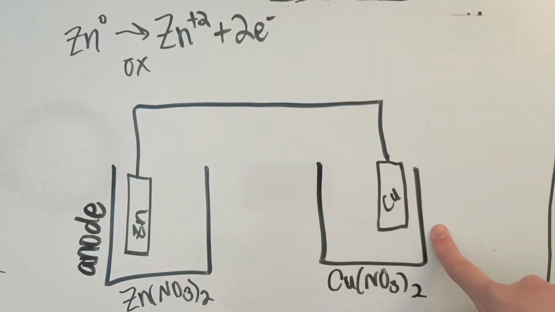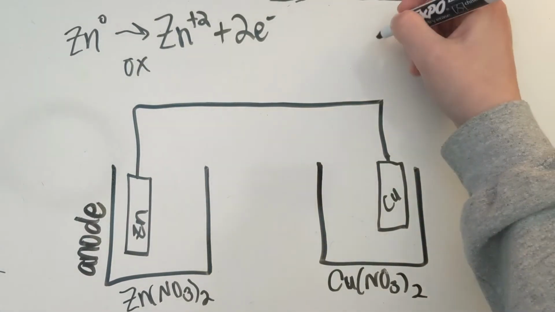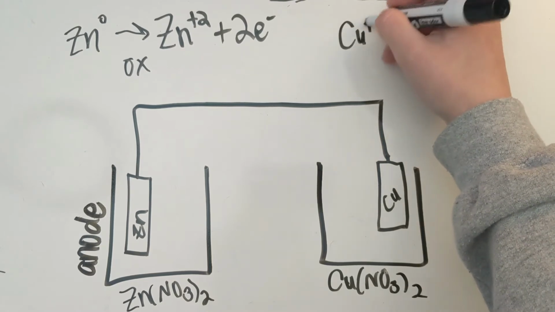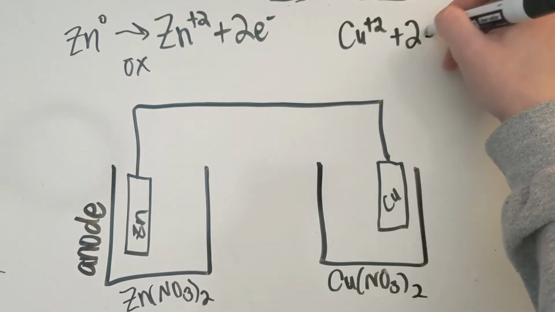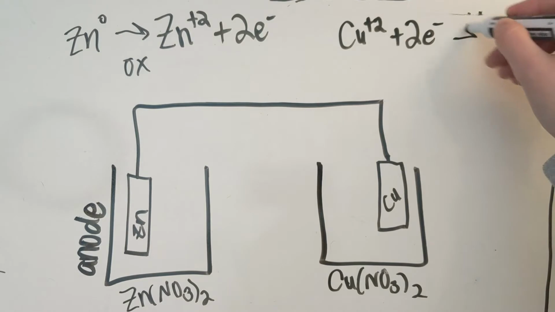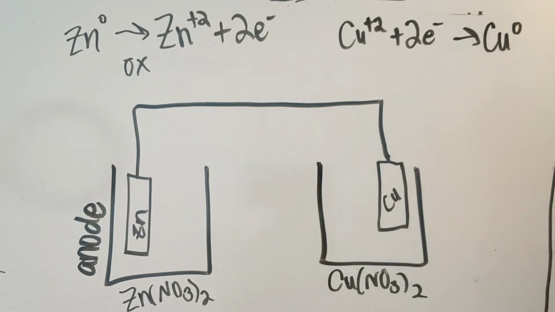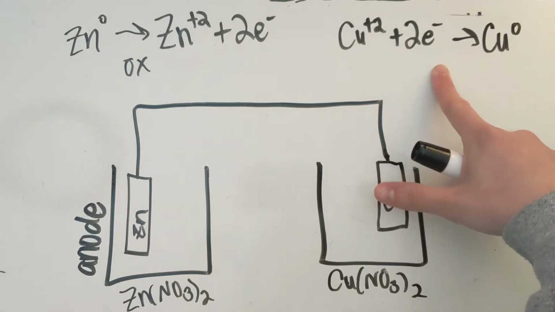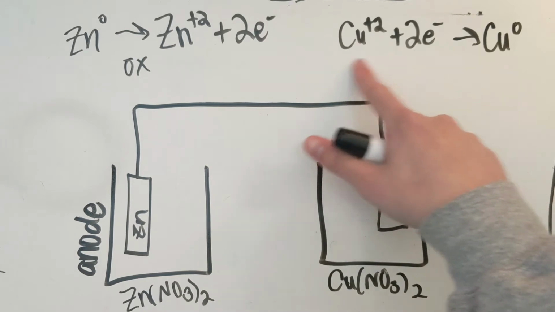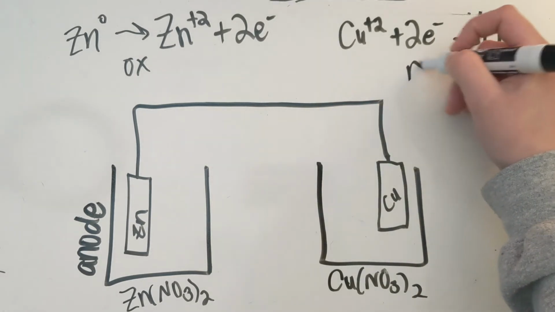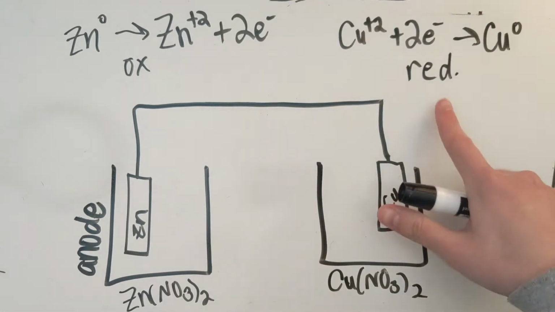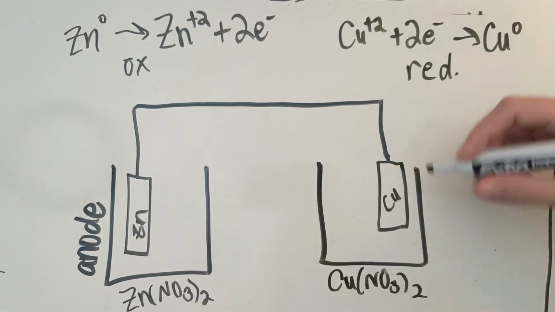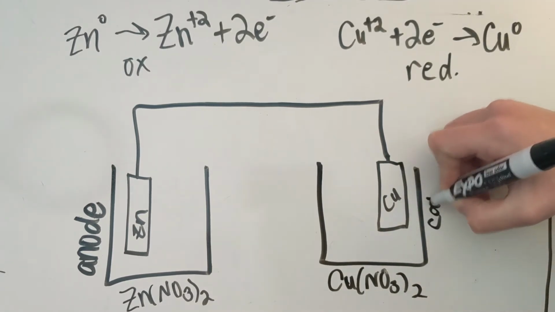Now, on the converse, we have copper over here. We would have copper +2 ions absorbing 2 electrons and becoming copper atoms. So in order for that to happen, this means that copper is gaining electrons, and this would be reduction. If this is reduction, that makes copper the cathode.